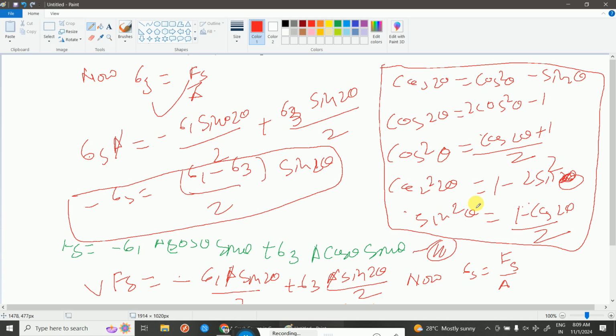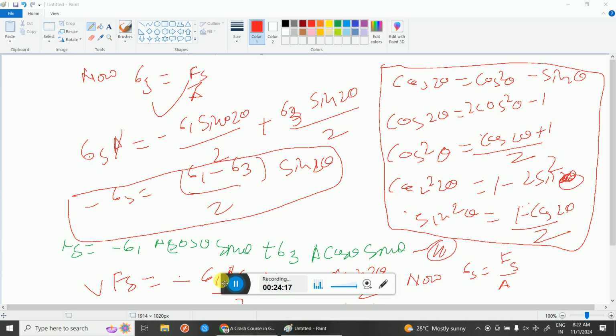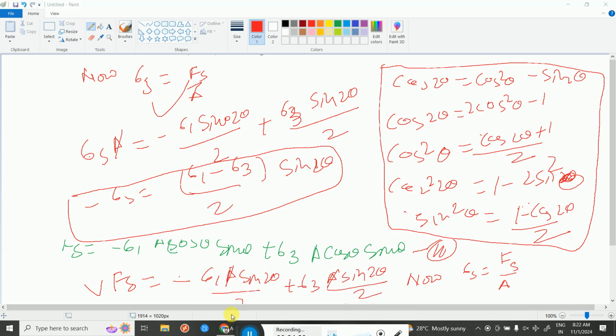Now this has been derived, and you have written sine square theta and this, then equation 3 becomes this way. Now come to the sigma n, equation number 3.